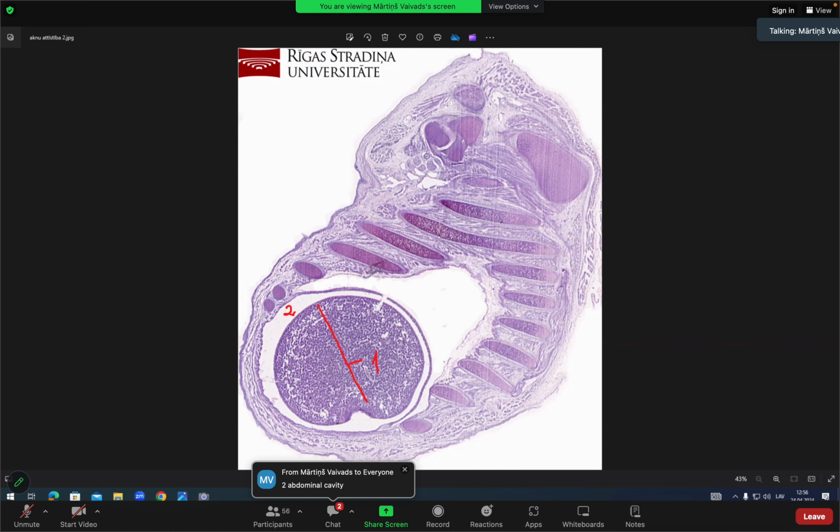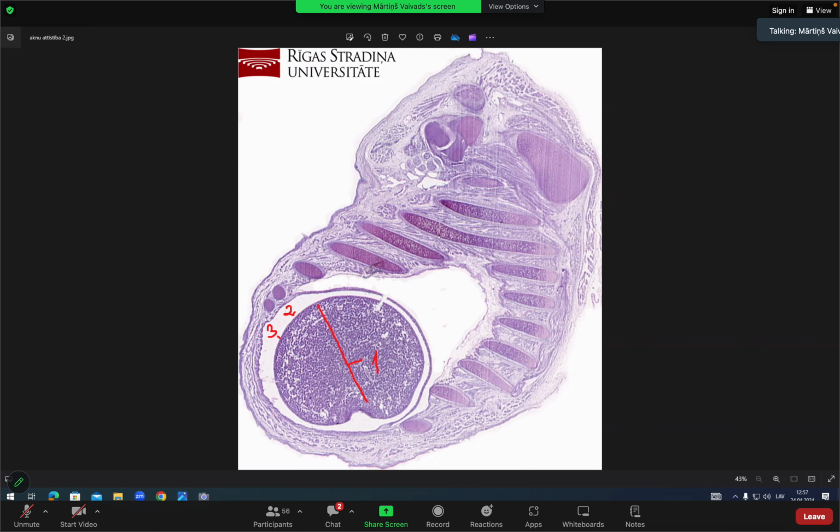And who knows what lines the abdominal cavity? So I'm writing in the slide, don't worry. So liver is number one, two, abdominal cavity. I'm writing this also in chat. What covers the liver here on the outside?